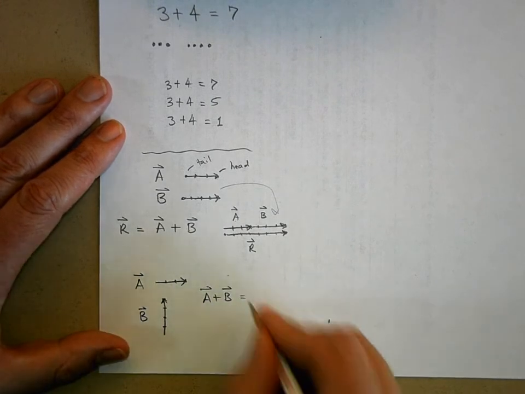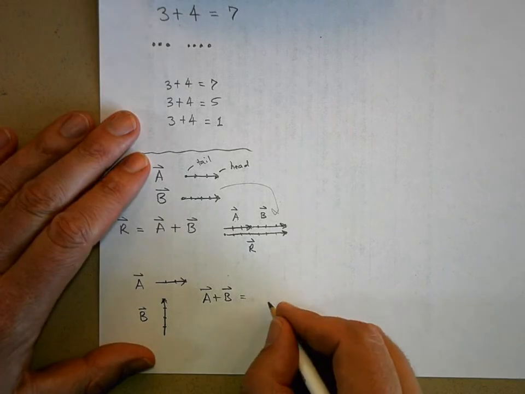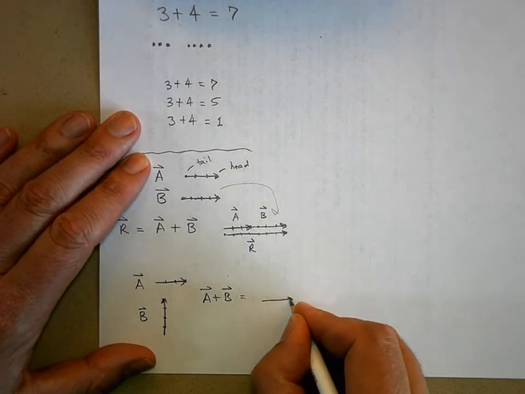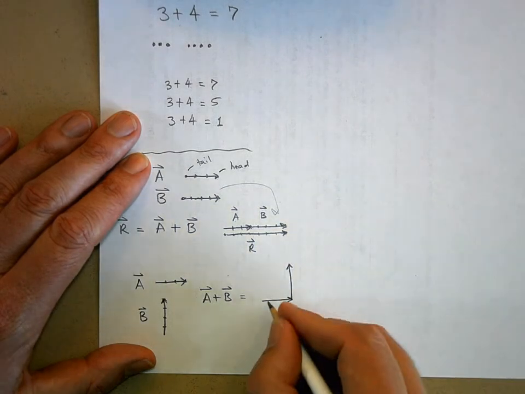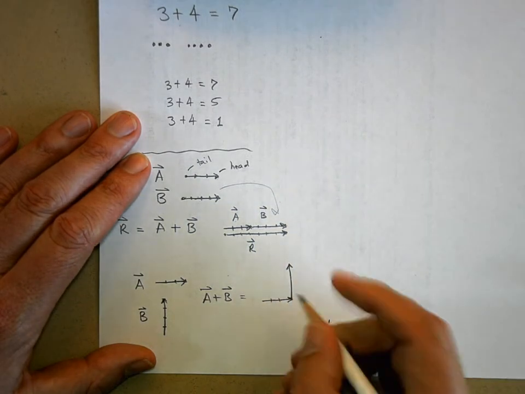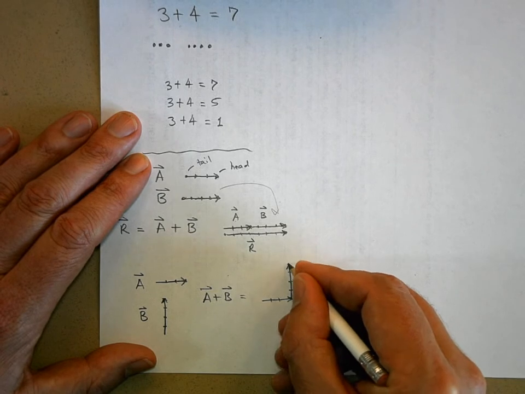I'm going to follow that same procedure. I'm going to hook up vector A and vector B head to tail. So here's vector A, 1, 2, 3. And here's vector B, 1, 2, 3, 4 units long.